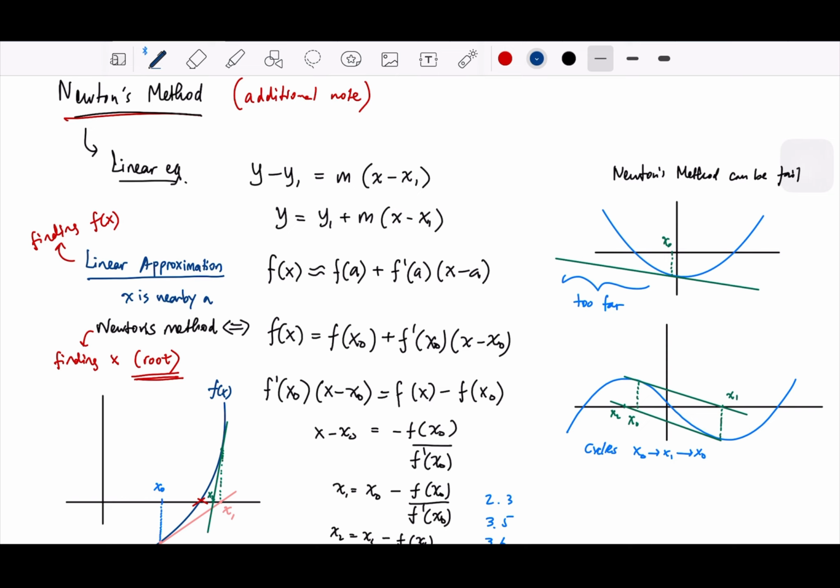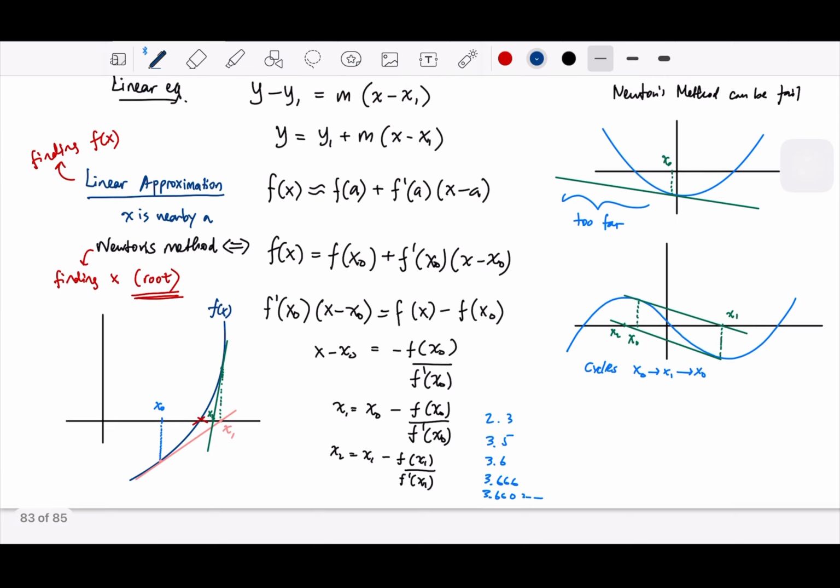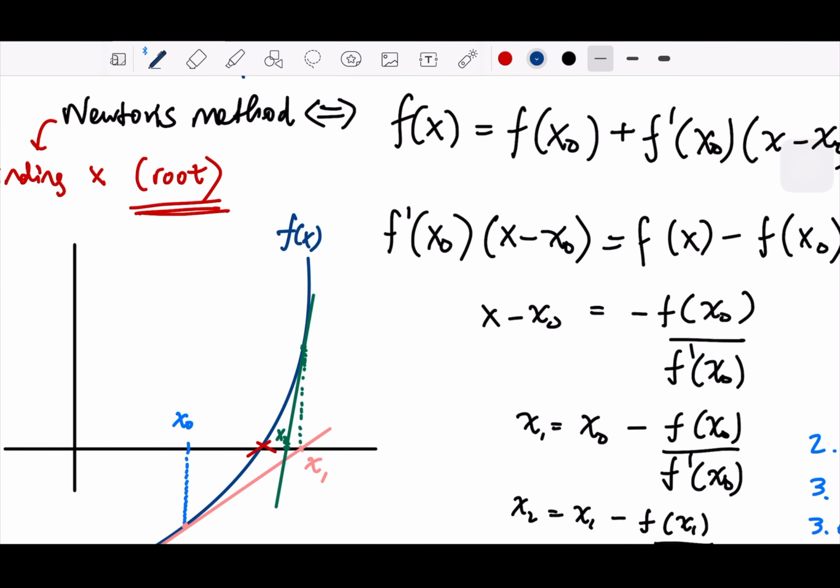Now, the difference between Newton's method and linear approximation is that in Newton's method, we are looking for x. We have a function and we need to find the root. We need to find this x, where the function is 0, the y-axis is 0.